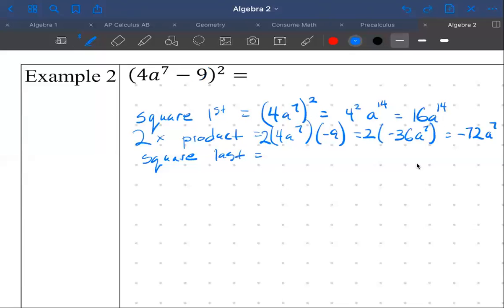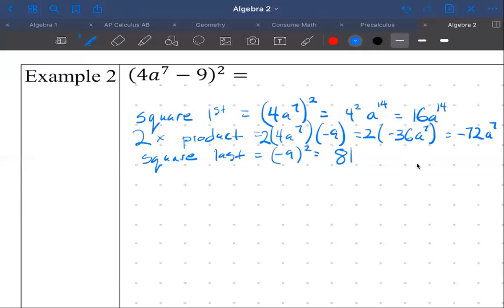What's 9 times 9? 81. And is this going to be positive or negative?